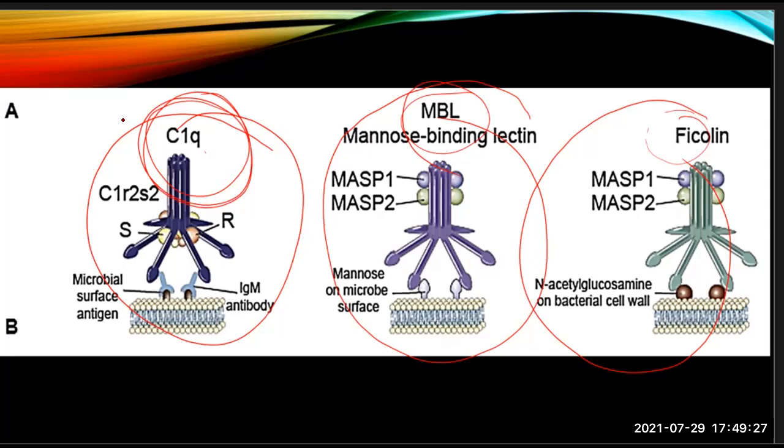MBL, L-ficolin, and H-ficolin are plasma proteins, and M-ficolin is mainly secreted by activated macrophages in tissues. I just like to point out that C1q is from the classical pathway, and these two are from the lectin pathway, and they somehow have a structural homology.